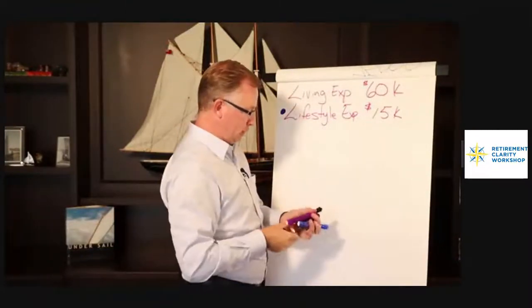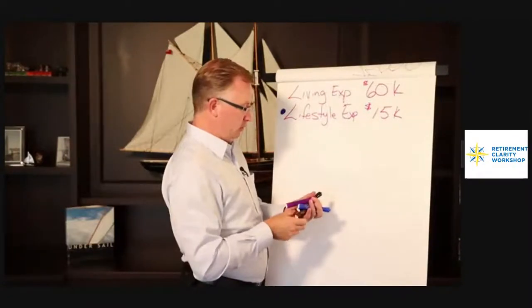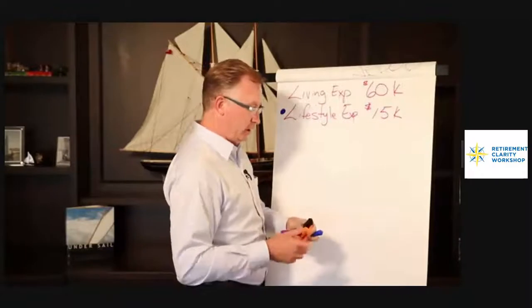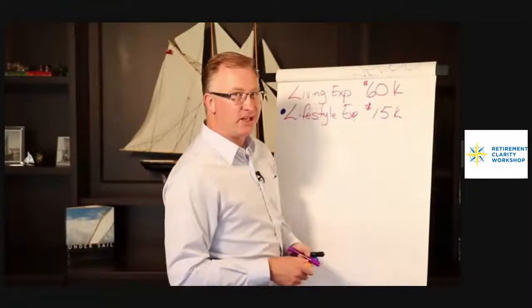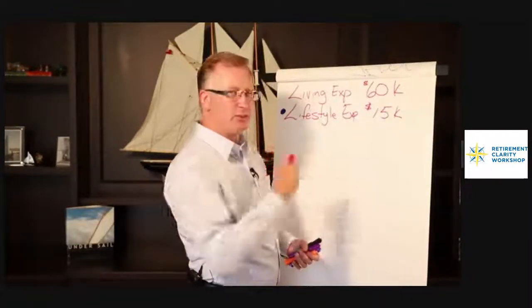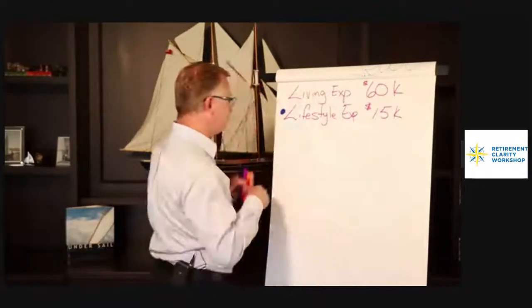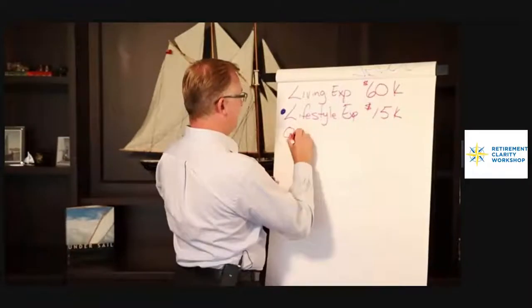All right. So now let's take a look at, I'm going to put this in red, what I call one-time expenses. For some reason, every year there's a one-time expense. Funny how that works.